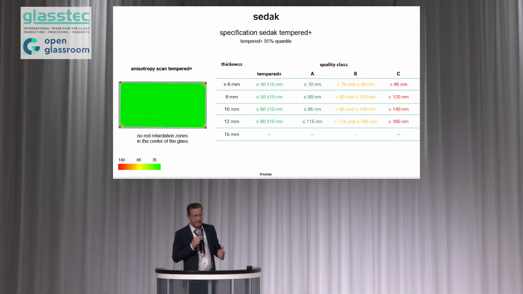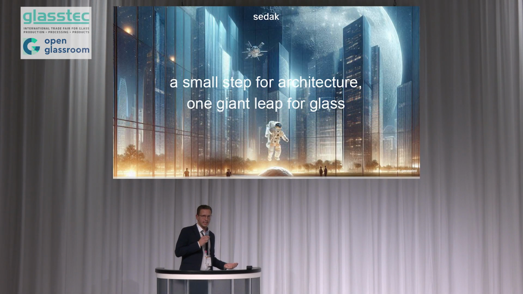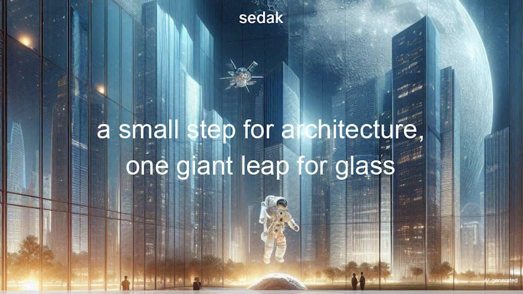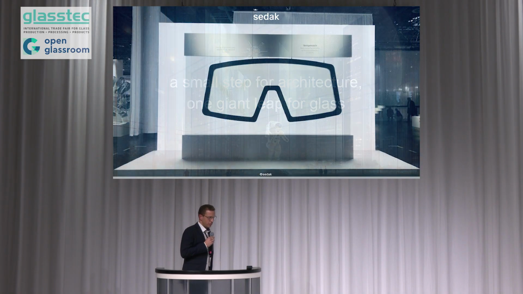So nowadays, undisturbed glass facades become reality. I think it's not comparable to the first man landing on the moon, but we at Sedak say it's a small step for architecture, one giant leap for glass. You can also flip it. Tempered Plus turns away the architect's nightmares. That's our aim with the new glass.